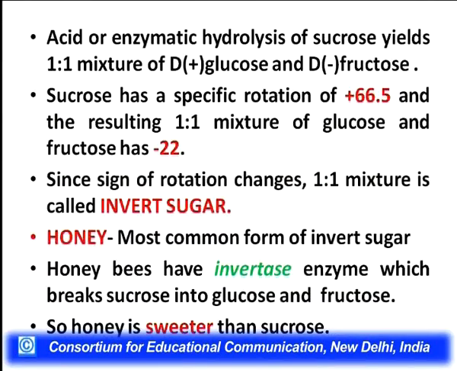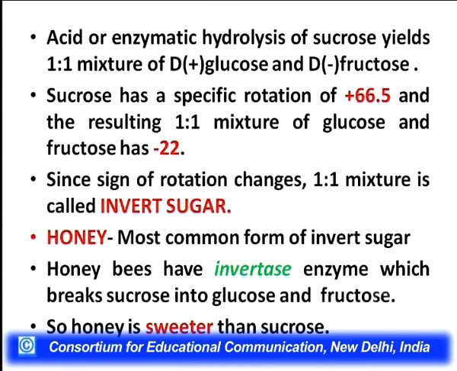Now honey is the most common form of invert sugar. Why so? Because honey bees have the invertase enzyme in them, which breaks down sucrose into glucose and fructose. That means honey is rich in sucrose, and the enzyme breaks it down, so honey is a mixture of glucose and fructose.